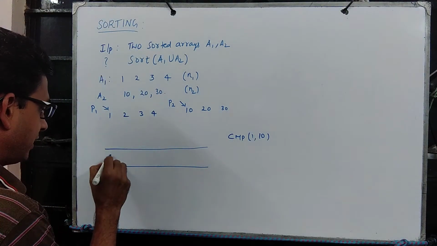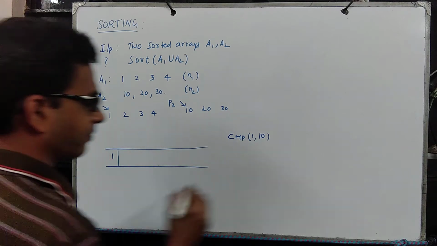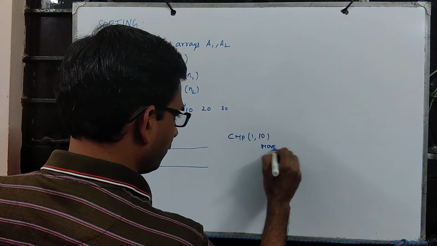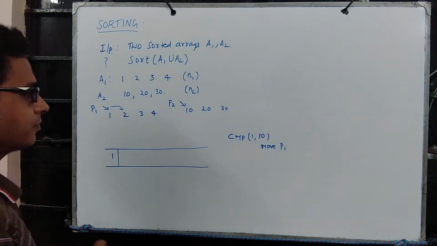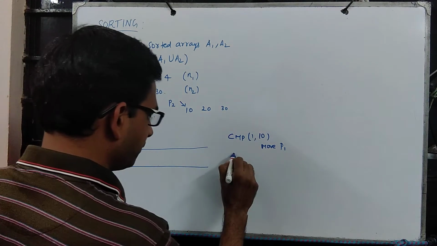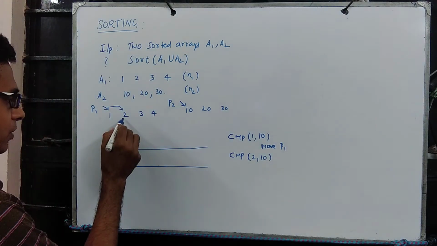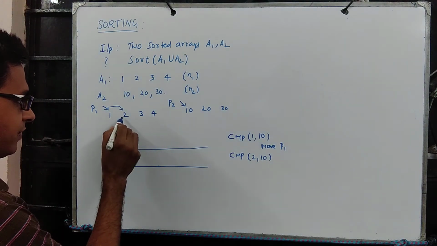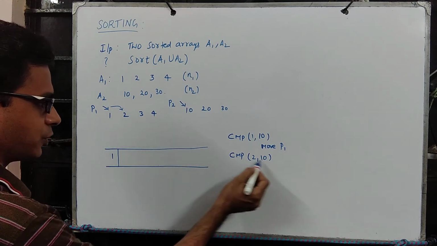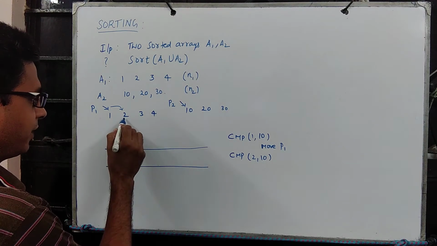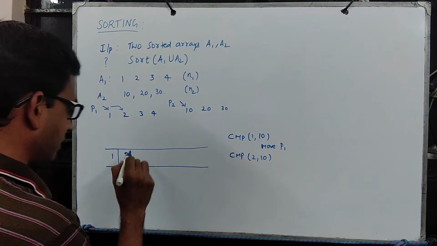Now this is small, and the one that is small is placed in the output array. Then move P1 to the right, so it comes over here. Don't change P2. Compare 2 and 10. Now 2 is small, which means from whichever array you see the minimum element, if it comes from the first array, move that pointer and place the minimum over here.